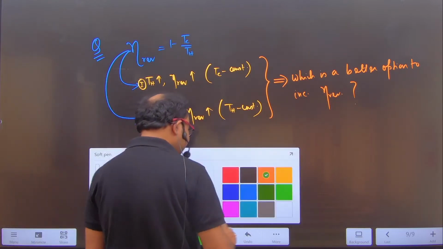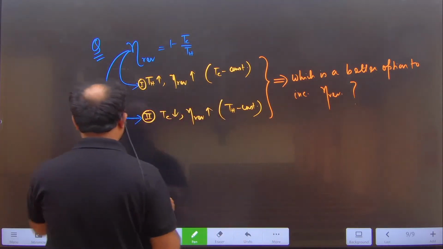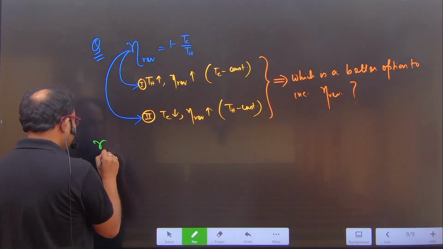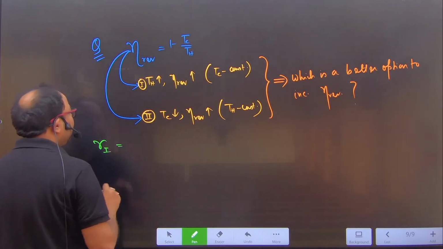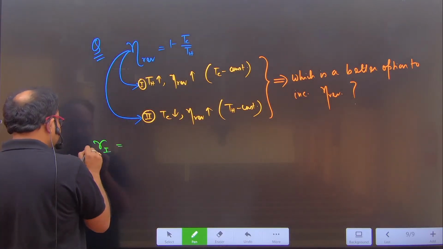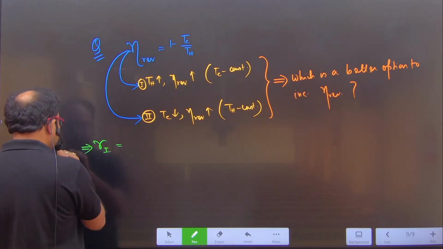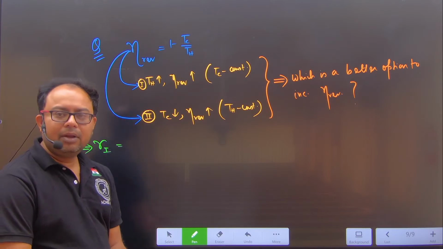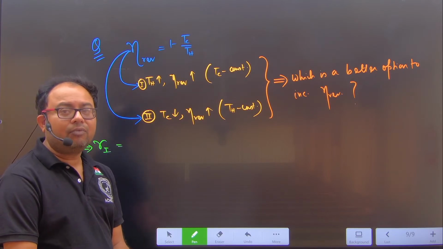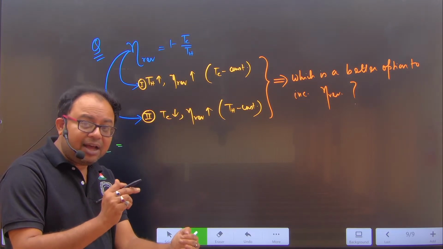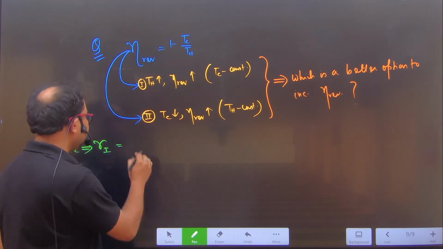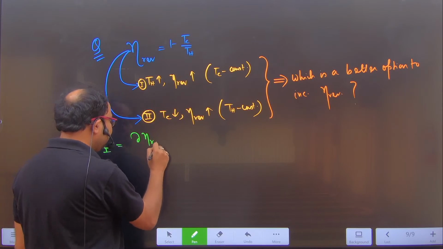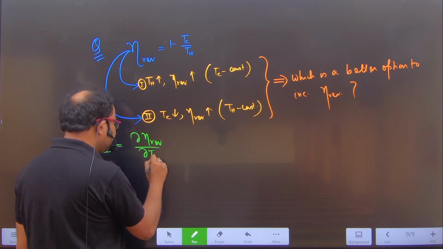Very simply, see, for option 1, the rate is given by R1. What is the rate here? The rate is the rate of change of eta with respect to Th.